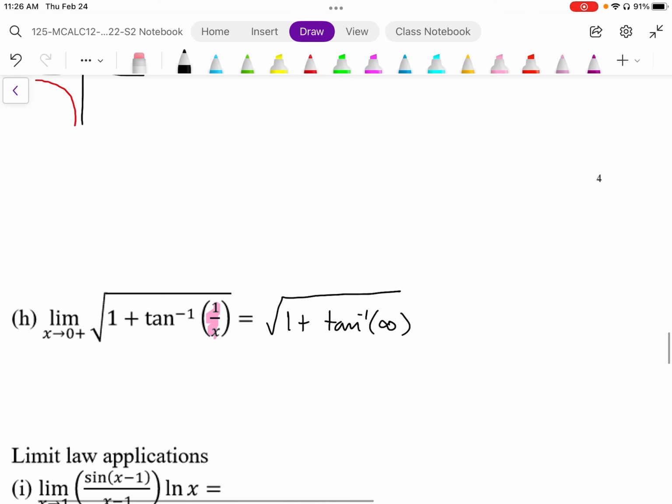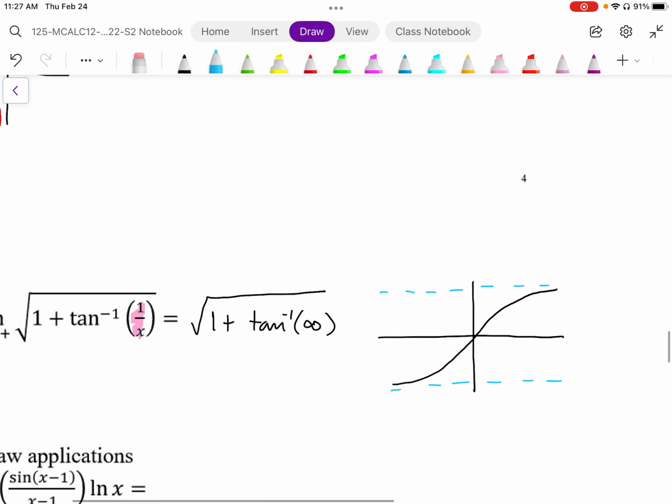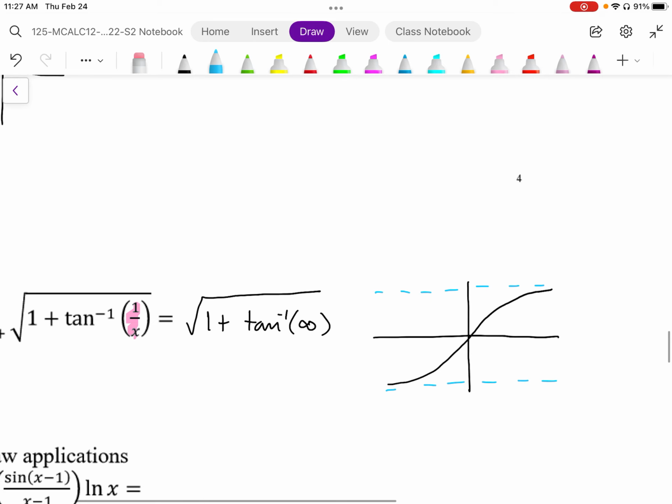If we think of what the inverse tan function looks like, it is the tan function that's been inverted. So we have these horizontal asymptotes instead of vertical asymptotes, and those horizontal asymptotes happen at pi over 2 and negative pi over 2.